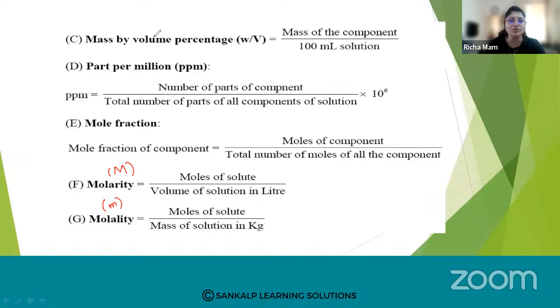So it is the number of moles of solute. So molality is the number of moles of solute dissolved per kg of solvent, that is, 1 kg of solvent.